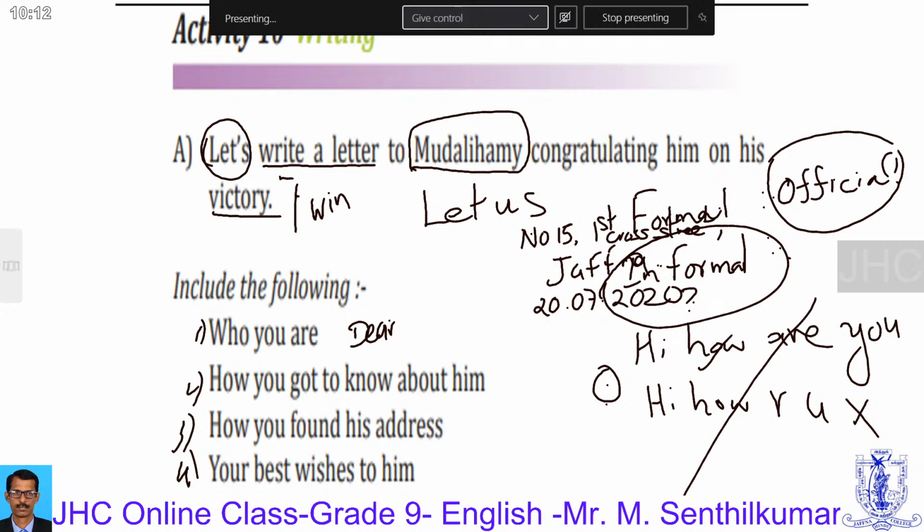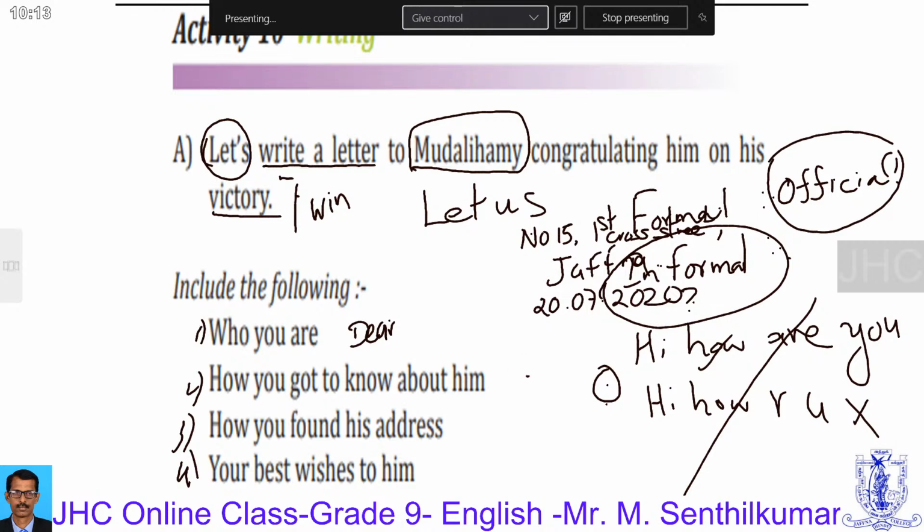Your name appeared in the paper. I was glad. I got pleasure reading that you got first place in the 100 meters race, under 13, at the national level or provincial level event. You talk about that.